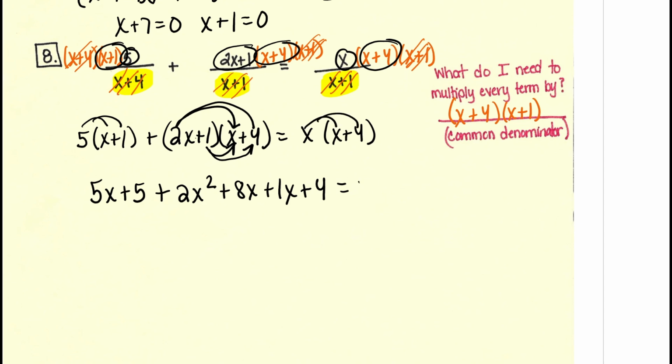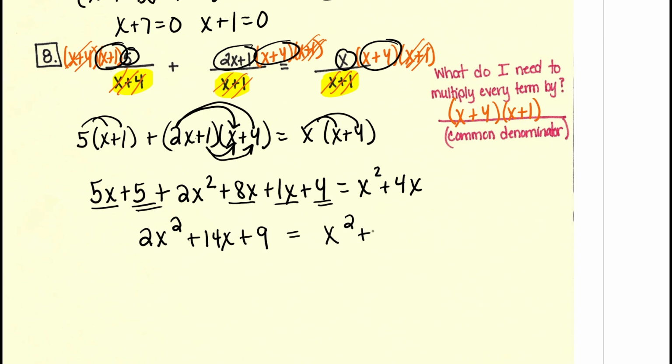And this x distributes, and you get x squared plus 4x. All right, collect your like terms, and that's going to give me 2x squared. 5 plus 8 plus 1 is going to be 14x, and 5 plus 4 is going to give me 9, equals x squared plus 4x.